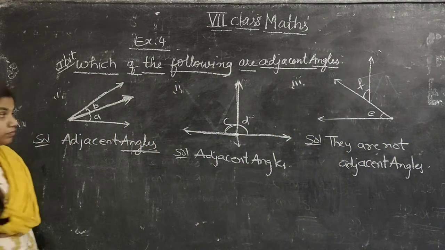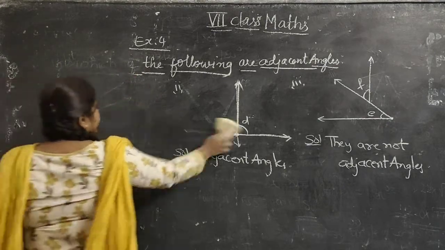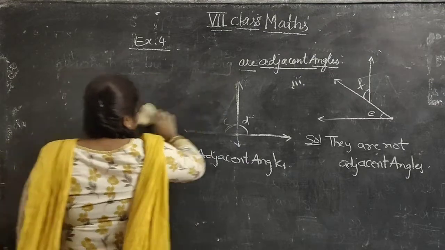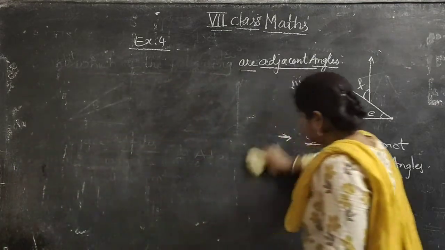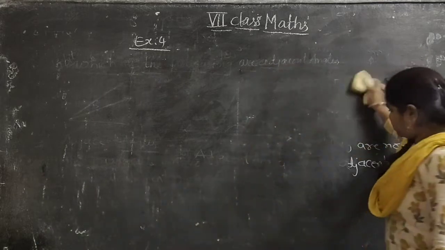Next is, find the adjacent angles from the figure. They have given one figure. We have to write all the adjacent angles. Adjacent angles means having a common arm and also a common vertex.